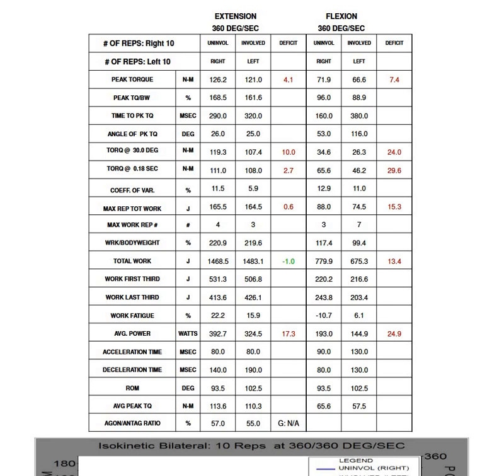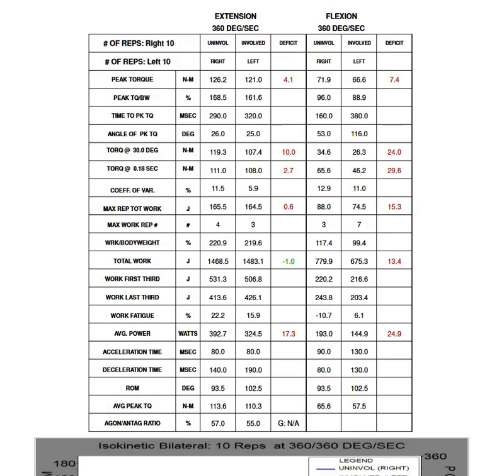Okay, in this video we're going to touch on some additional components that we see on an isokinetic report relating to work and power. Now remember that this is angular work and angular power.